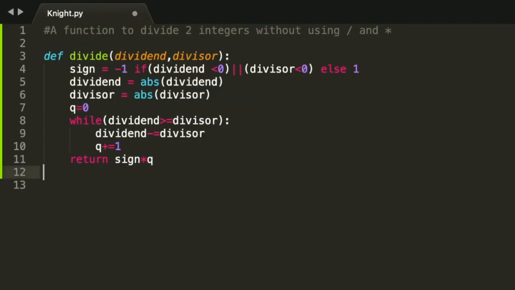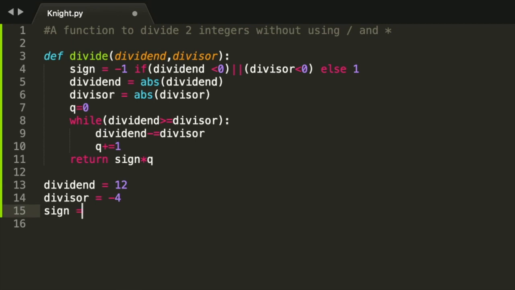Okay, let's solve this code for an example. Dividend is 12, divisor -4. So it comes to line number 4. Sign will be -1 because divisor is less than 0.